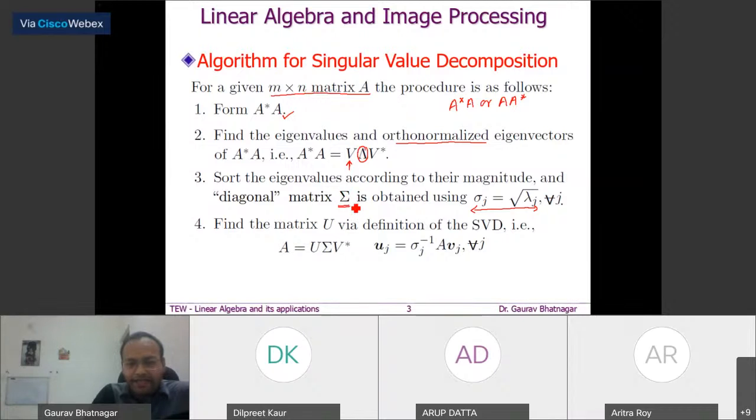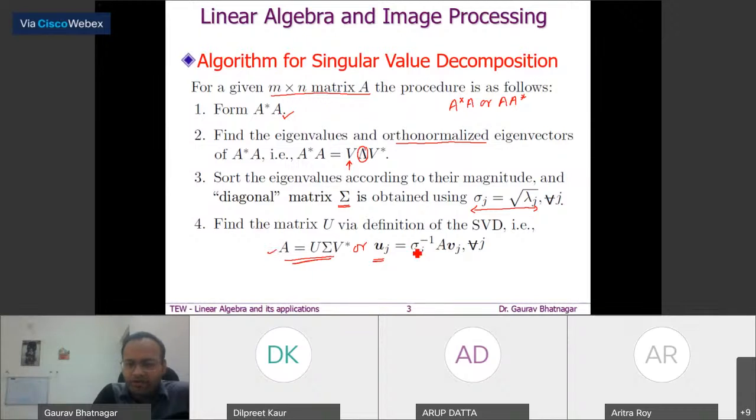And then since sigma is known, and V is known, the only thing you need to identify is U. Then we are going to use either this relation, which is a matrix representation of SVD, or the vector representation of SVD. I just rearranged the vector representation so that I can give the proper definition of u j.